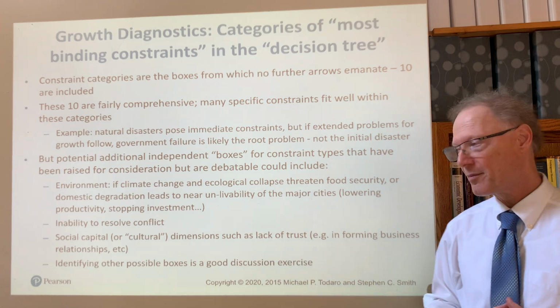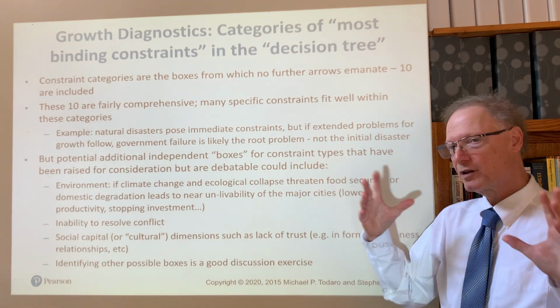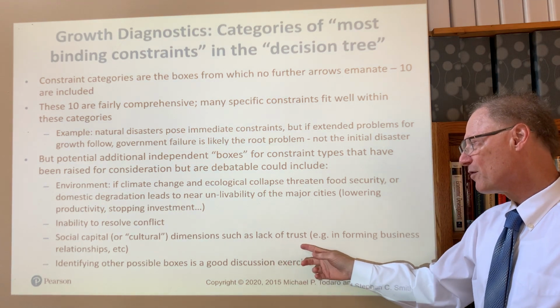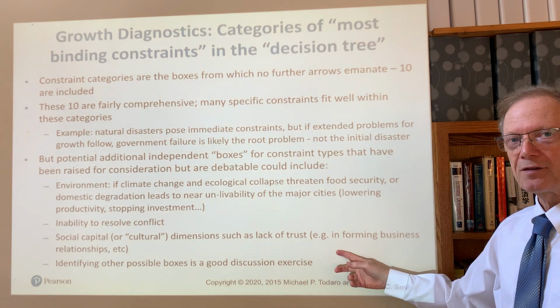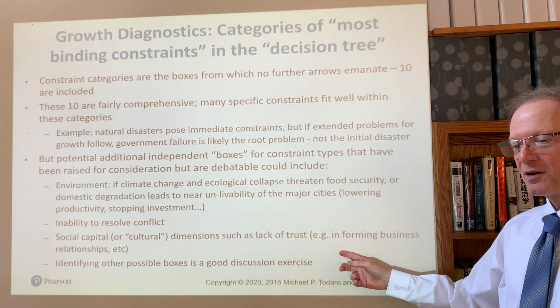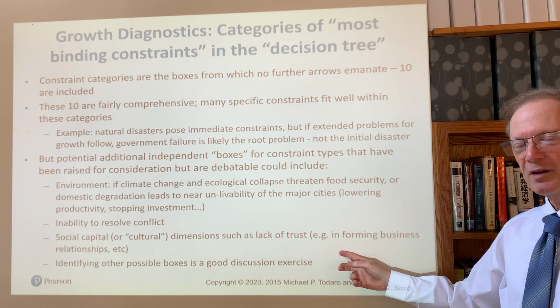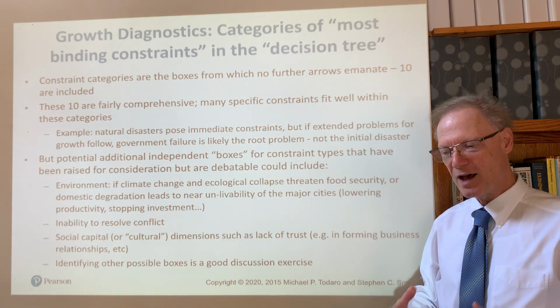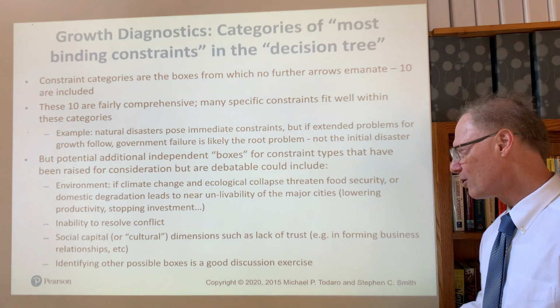Another is social capital, sometimes called cultural, but social capital. These dimensions specifically include a pervasive lack of trust, which can be a kind of result of a multiple equilibria situation, in which in one equilibrium there's a high level of trust, and in another a low level.